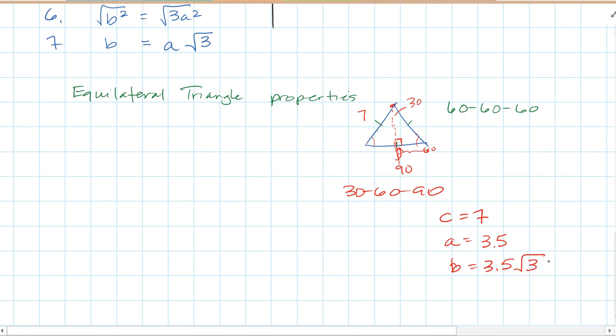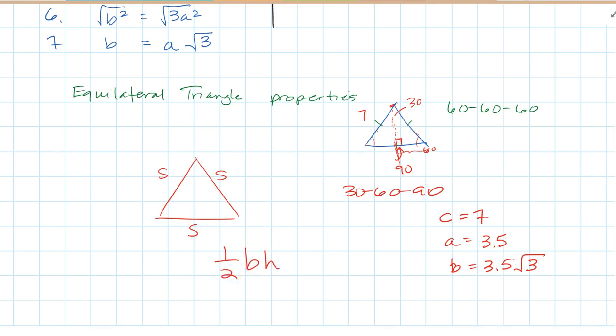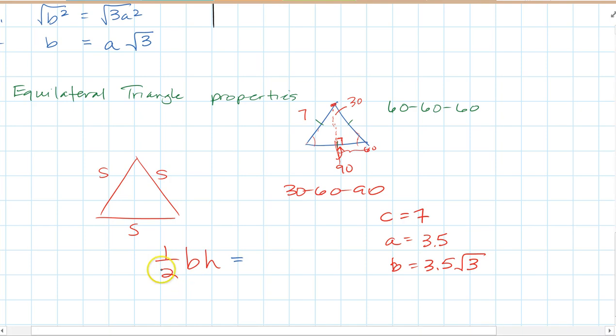But let's say I just want to find the area of something. So this time I'm just going to use S, S, S, S. Do you agree that if I wanted to find the area, which is 1/2 base times height, watch now. This is important. If the area of any triangle is 1/2 base times height, on an equilateral triangle with side S, I know the base is S, right?